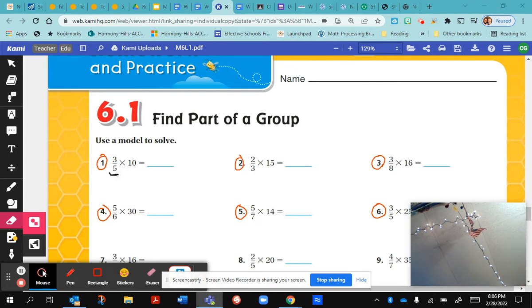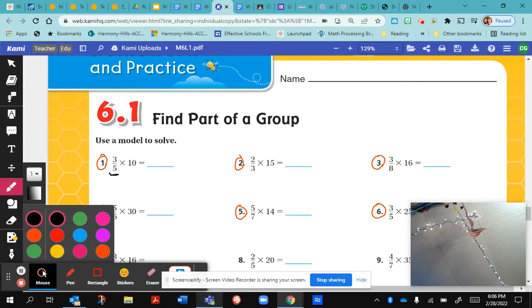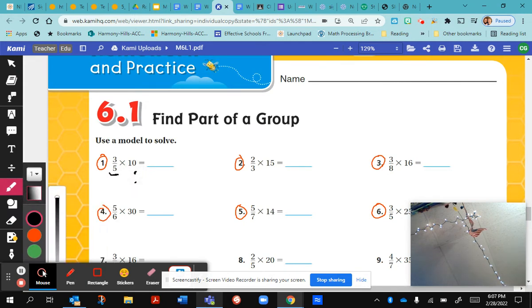So it's 1, 2, 3, 4, 5. Now this 10 tells me the total amount. So this is 5.